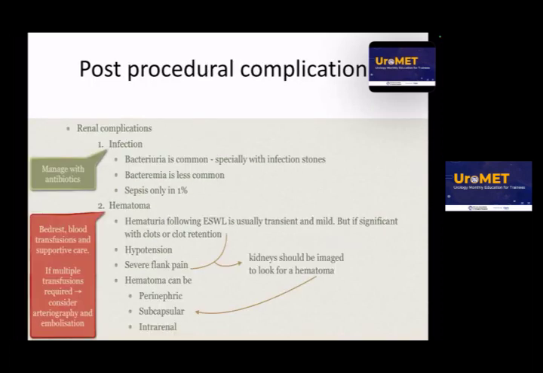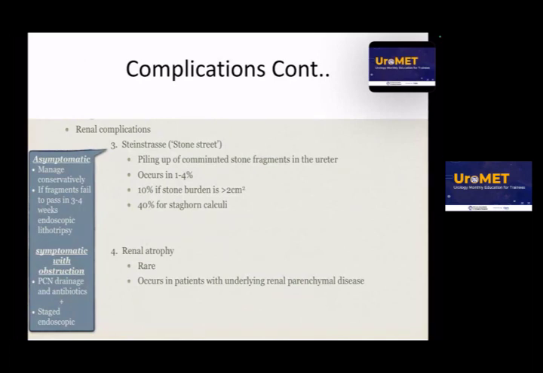And renal complications, mainly steinstrasse, are usually less than 10%, and it will increase with the size of the stone. The management for steinstrasse is usually a conservative approach; around 50% settle with conservative management. But if the patient develops ureteric colic, we can go ahead with imaging and decide on further management.